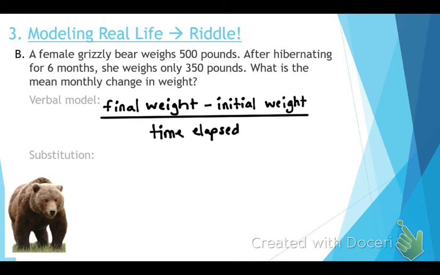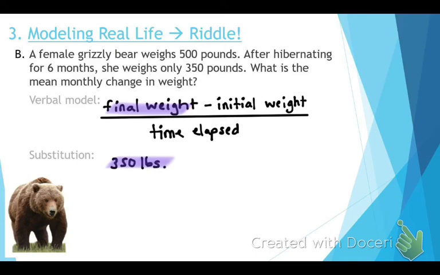All right, let's see. Substitution. We're plugging in things now instead of our formula that we came up with. Maddie, what was the final weight at the end of this story problem? How much did this female grizzly bear weigh? You are correct. So we are plugging in 350 pounds for the final weight minus the initial weight.